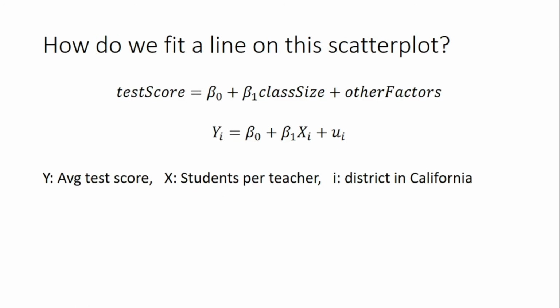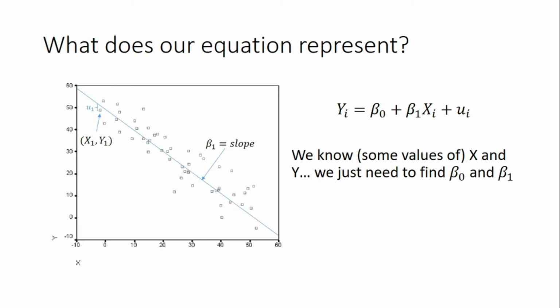Okay, so given this equation, what does it really represent? Here we've written our equation again, except now we have a different scatter plot, a general one. I'm not saying necessarily what it is, we just have y and x. We know that beta 1 is the slope, given by our blue line here.